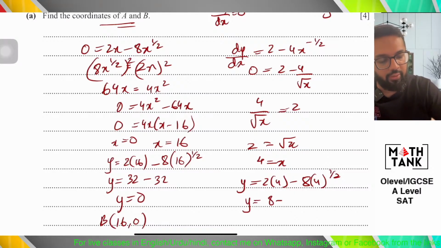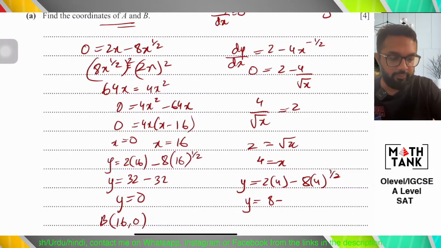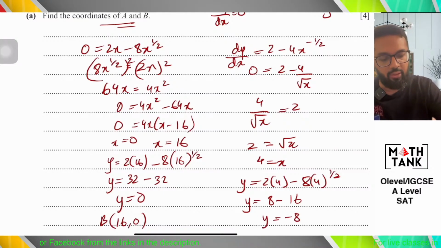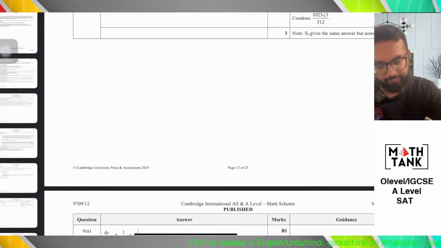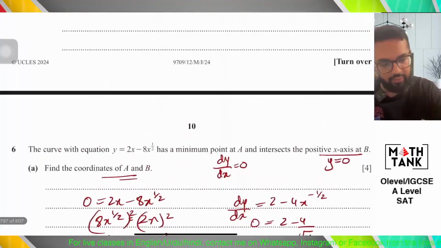Okay, 8 minus 8, 4 to the power half is 8. So A should be 4 comma. Those two are correct. Easy 4 marks.